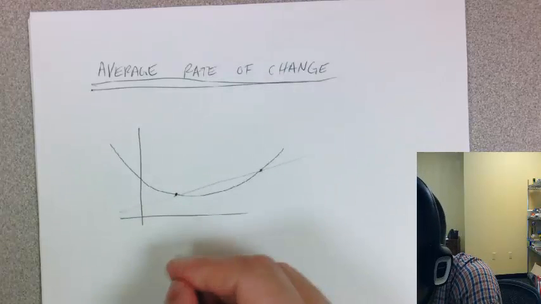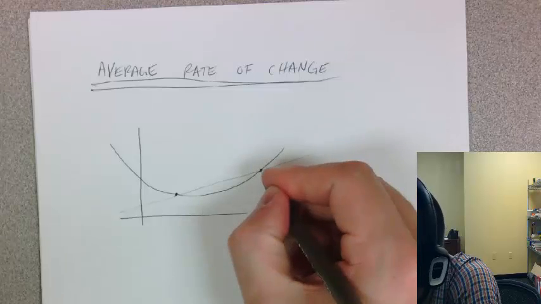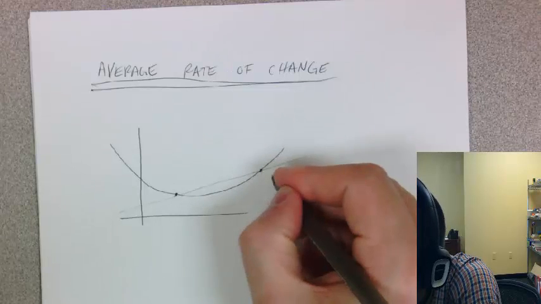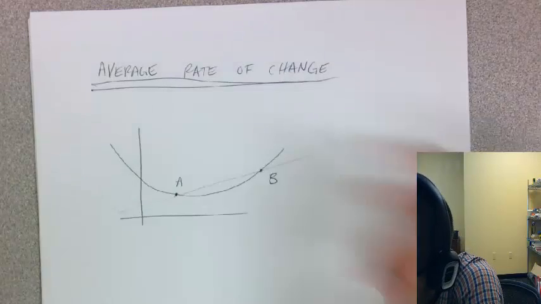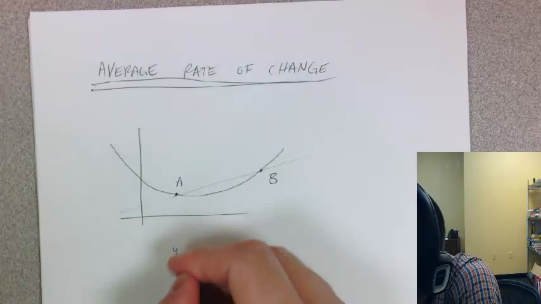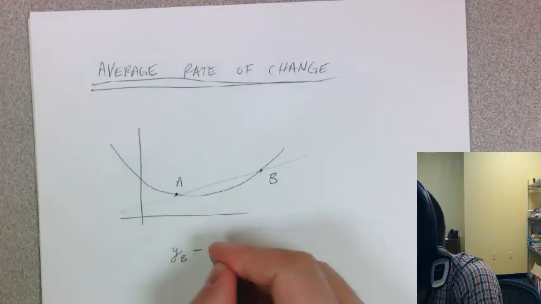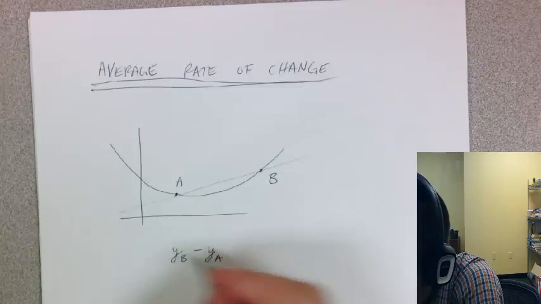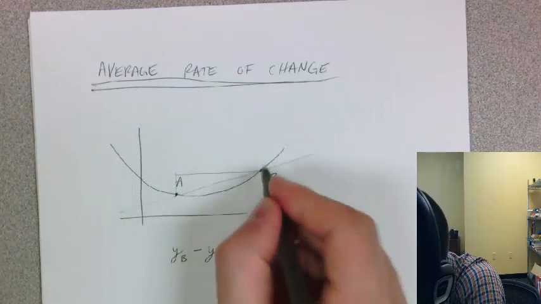So the way that you do that is you take the difference in the y values. We'll call this point B, we'll call this point A. So you take the y value at point B and you subtract from it the y value at point A. So that would be the change in the y values, or this distance, the vertical distance.